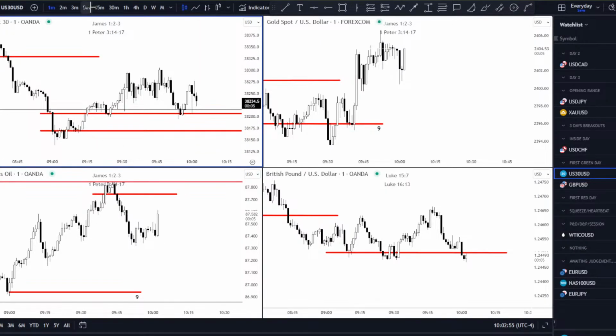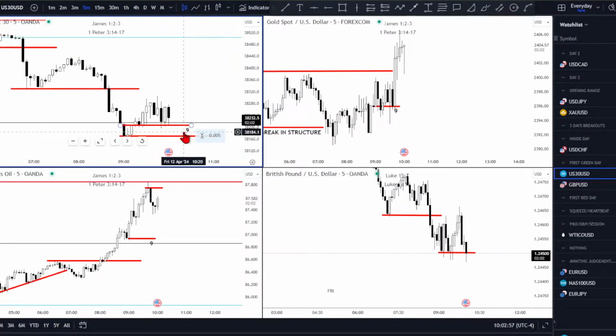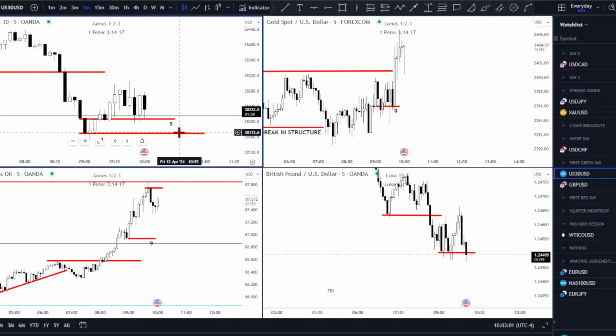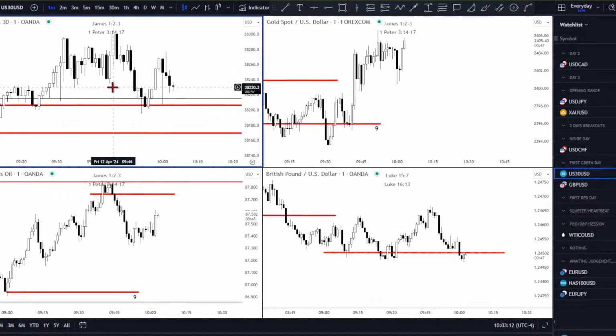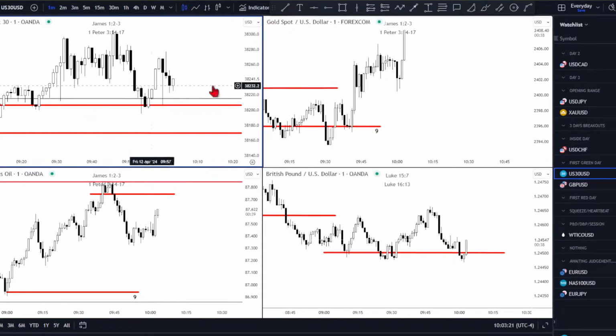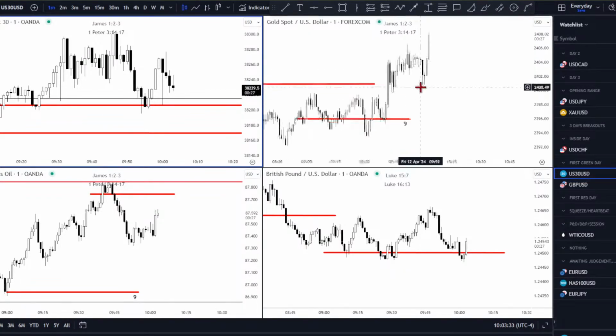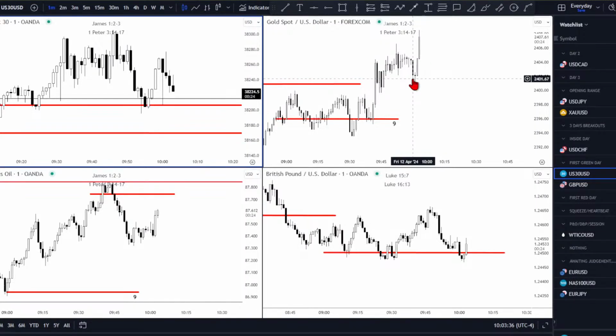Remember I was saying I really want to wait for them to trade kind of back down into the low. Gold just engulfed. There's that 10 o'clock open. Immediately took it away. They're still trapping shorts. Still no reason to go long, or excuse me, short. They just keep dragging higher and higher.